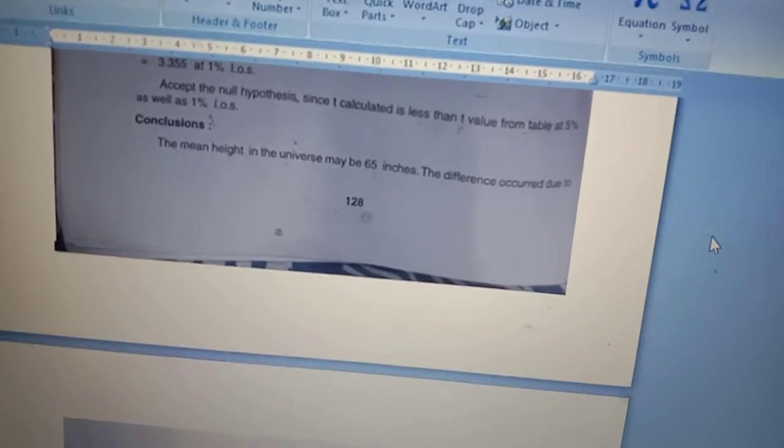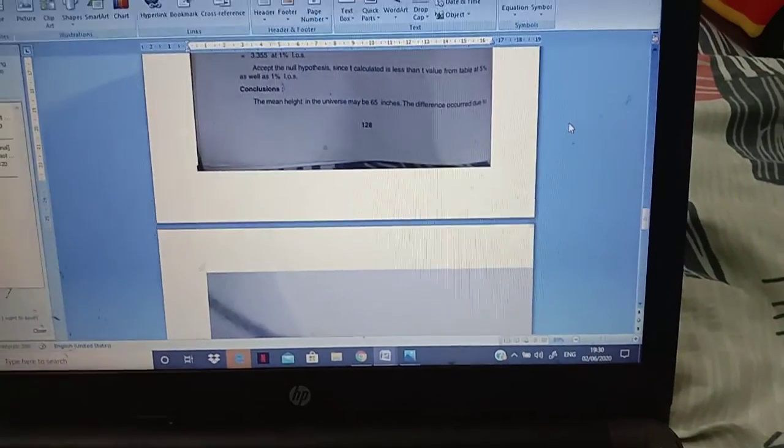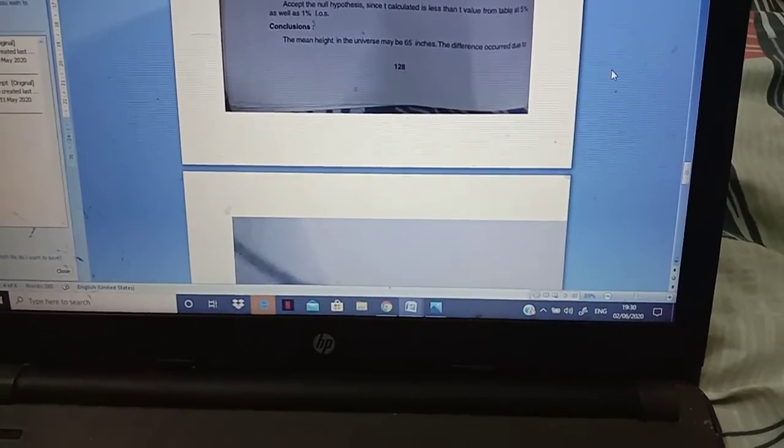The difference occurs due to chance, the chances of errors. That is the statistical part, but for solving the example, I think this is sufficient: testing with the t-test against the table value to check the difference between the population and sample mean.